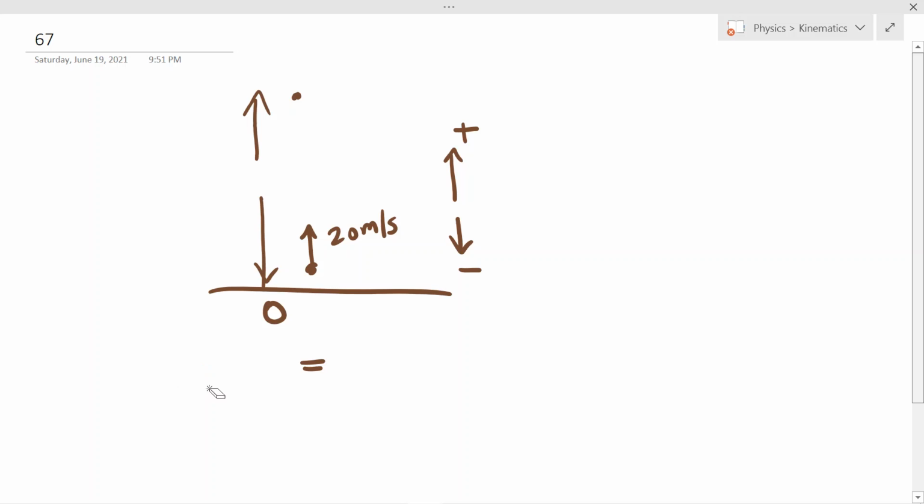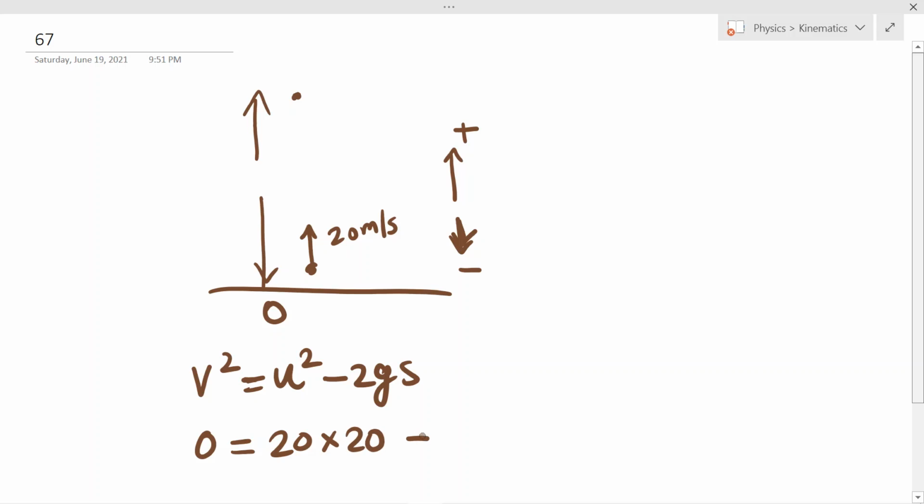No, we do not have to use this formula. We can use this: v square is equal to u square minus 2gs. Why minus? Because the downward direction is negative and g will be negative over here. So v square is 0, u square is 20 into 20, that is 20 square, minus 2 into 10 into s. s is to be found out.